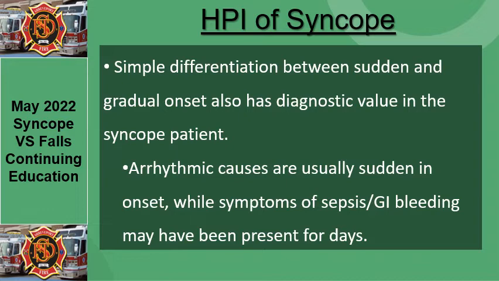Well, that could be a cardiac arrhythmia. She could have had a spur of VTAC or SVT, new onset, because she's falling down or sick or whatever the case may be. So arrhythmic causes are usually going to be sudden in onset, while symptoms of illness, sepsis, GI bleeding may be more insidious and take a couple days to occur.